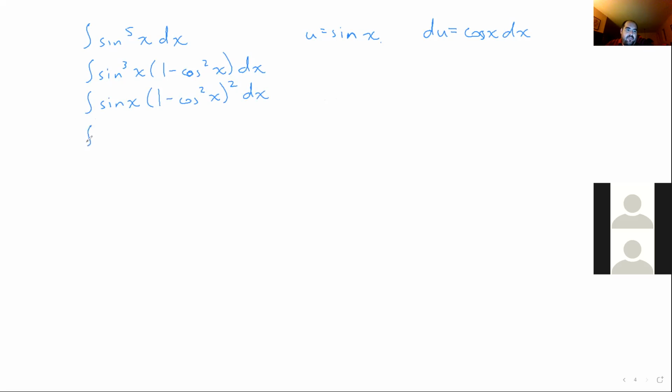I'm going to go ahead and distribute and move it to the front. So this becomes 1 minus 2 cosine squared of X plus cosine to the fourth of X times sine of X dx.